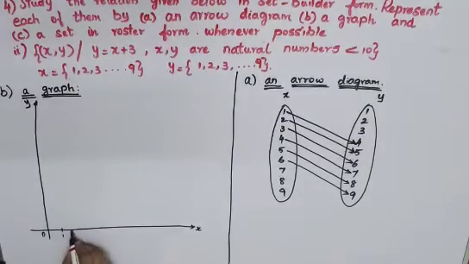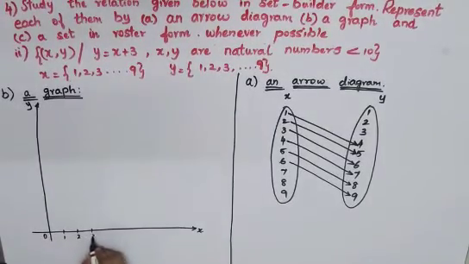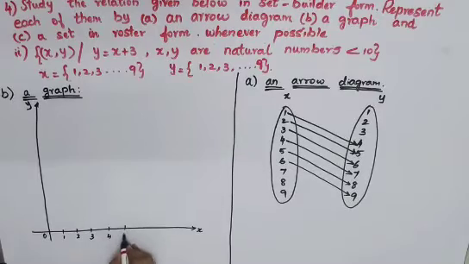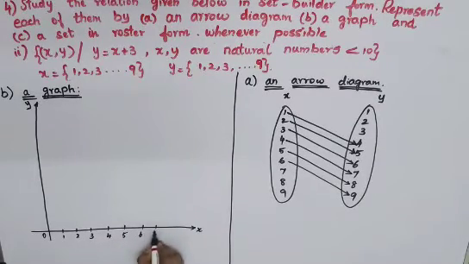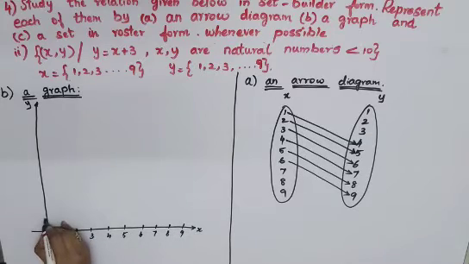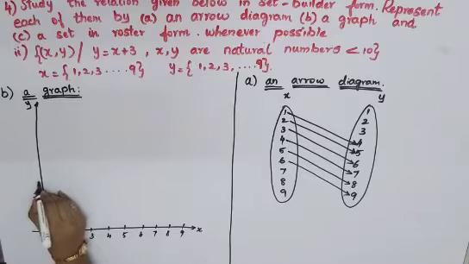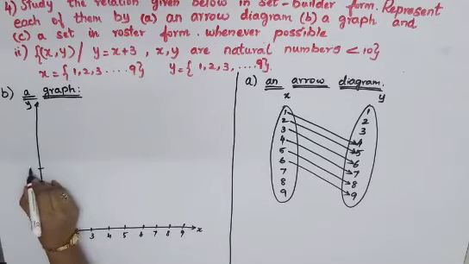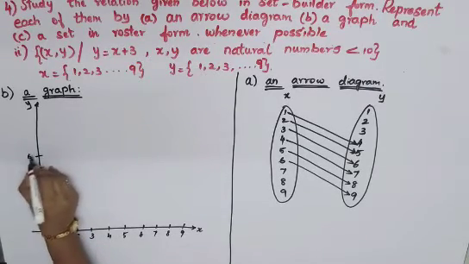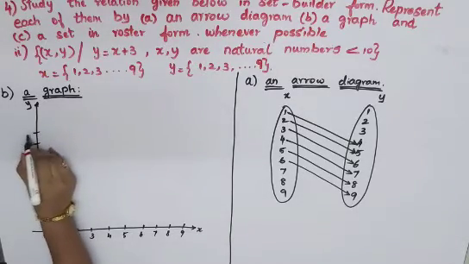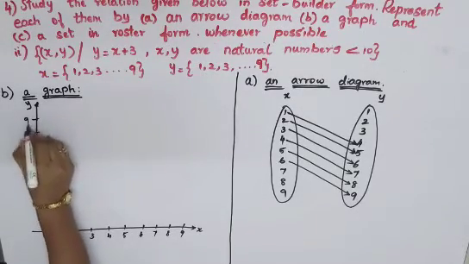So 1, 2, 3, 4, 5, 6, 7, 8, 9. Same way here, 1, 2, 3, 4, 5, 6, 7, 8, 9.